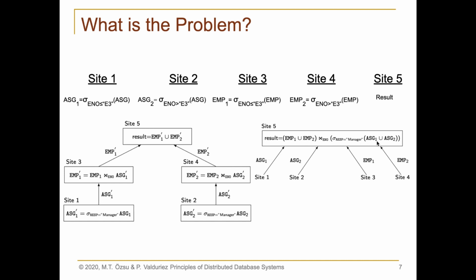And again, the same is true for assignment 1 and assignment 2. It transfers assignment 1 and assignment 2 from site 1 and site 2 in their entirety. Then after collecting and unioning both of these relations into one, it performs selection on the assignment relation, which is constructed from the union of assignment 1 and assignment 2, and further equi-joins the result of this with the union of employee 1 and employee 2.